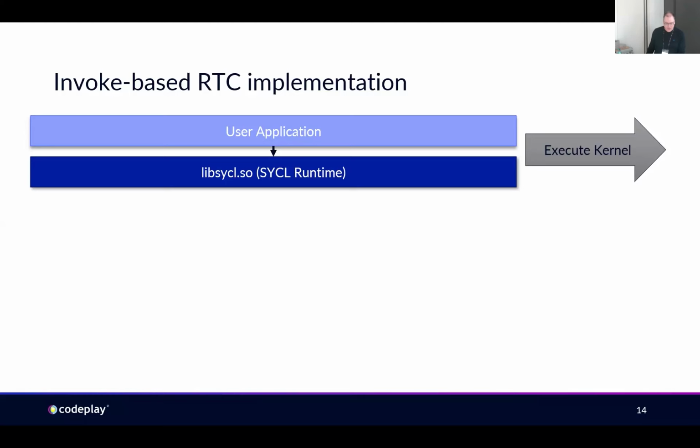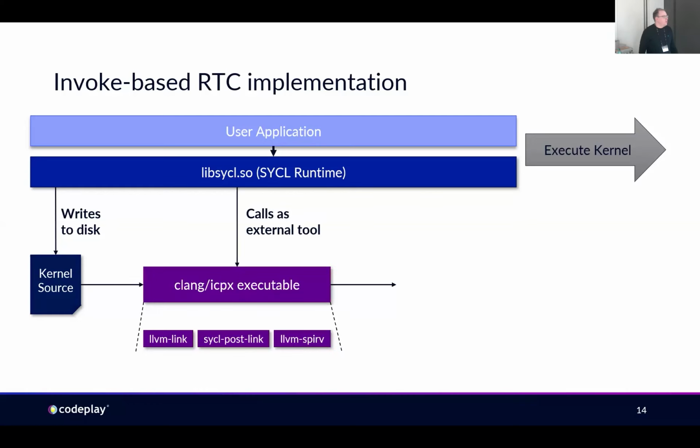So the invoke-based implementation: there we would write the source string to a file on disk in a temporary directory, then invoke the compiler as usual, called as an external tool, and then get a SPIR-V file out of it and read that back into the runtime, and then finally execute the kernel.